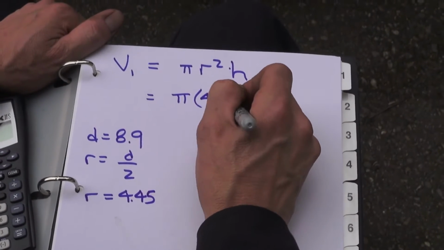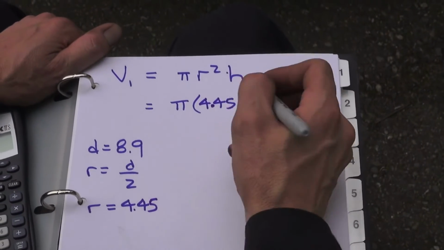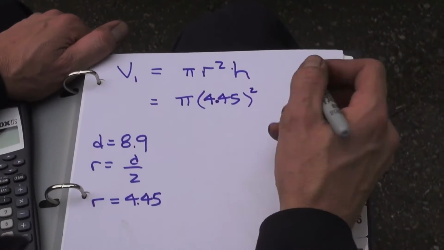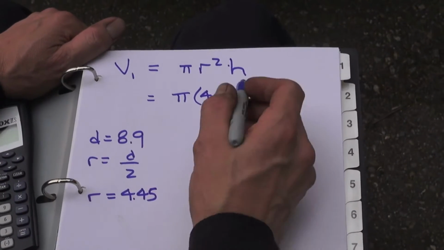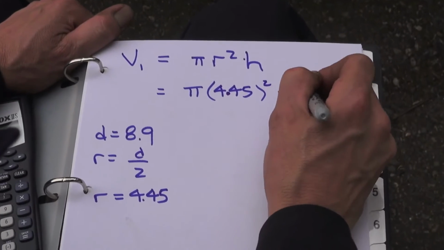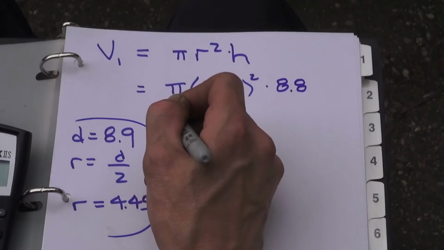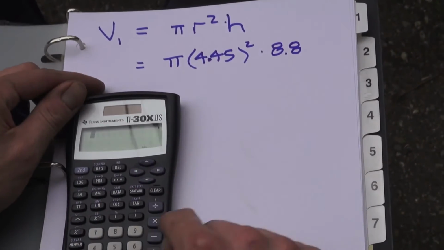So we're going to use that. Now, you have to remember, these are kind of approximate because it's the best I could do with the ruler, but it might be slightly bigger or smaller than that. And the height was 8.8. Now, if we work all that out, that's going to give us the volume of one of our cylinders.